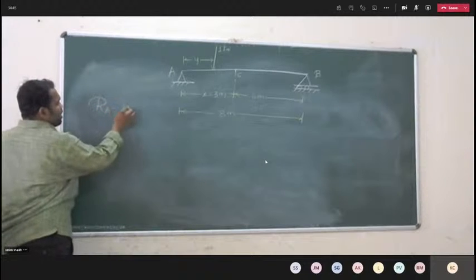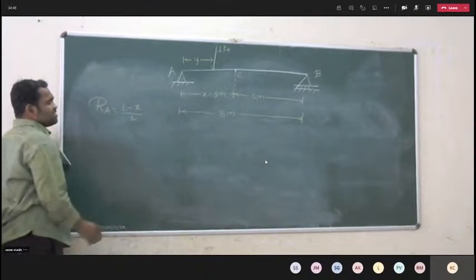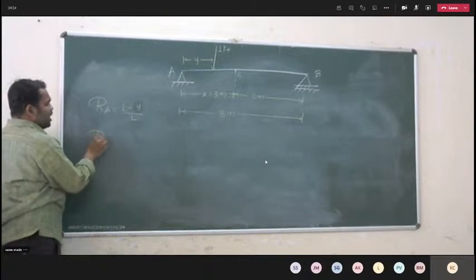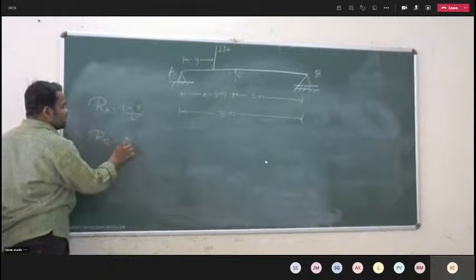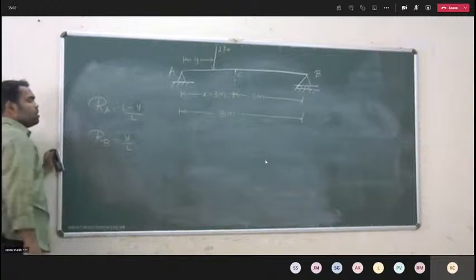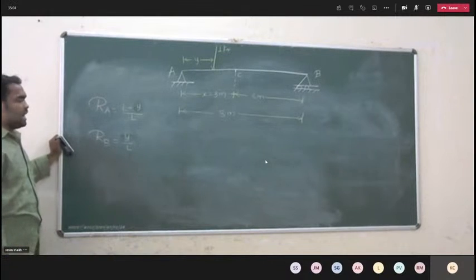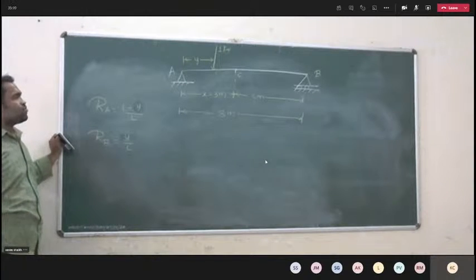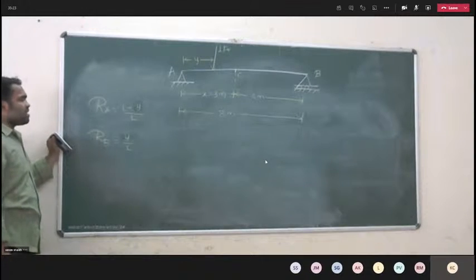RA is L minus X by L. Now X is replaced by Y, so L minus Y by L. And RB, previously it was X by L, so now with the unit load at a distance Y from the left support, RB is equal to Y by L. I am applying a 1 kN moving load at a distance Y from the left support A. Always take the distance from the left support, whether it is X or Y. This we discussed in the last lecture also.